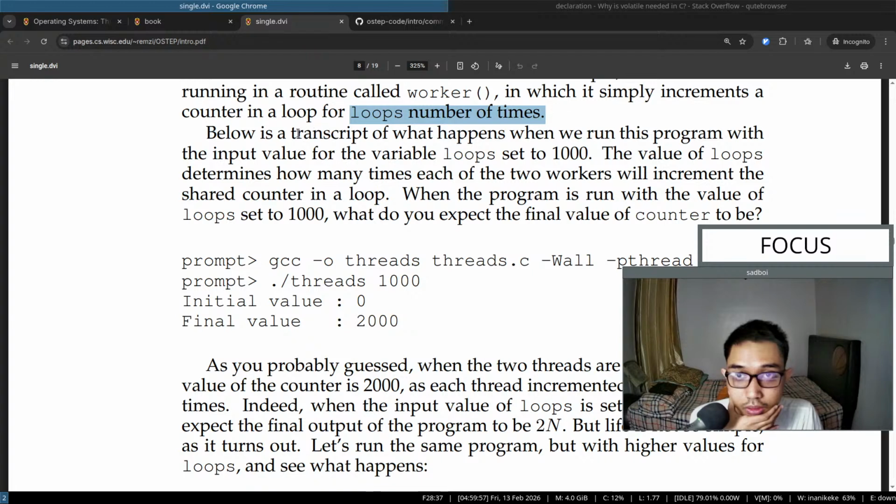Below is a transcript of what happens when we run this program with the input value for the variable loops set to 1000.